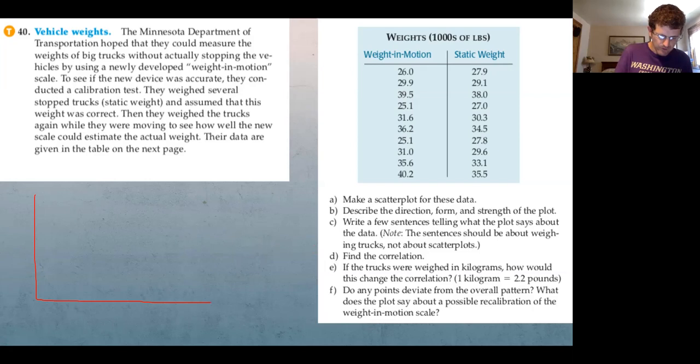The last one is the trickier one. What does the plot say about the possible recalibration of the weight and motion scale? This requires a little bit of thought: static weight, driving weight. Does anyone have any thoughts about this? Looking at the data, looking at the scatter plot, anyone have any thoughts about possible recalibration of this weight and motion scale?